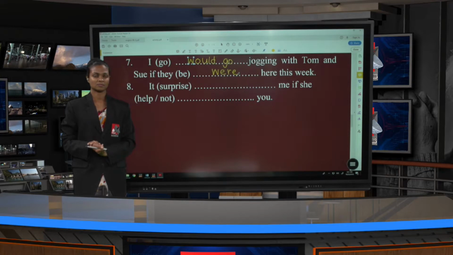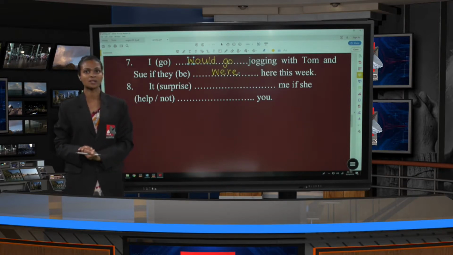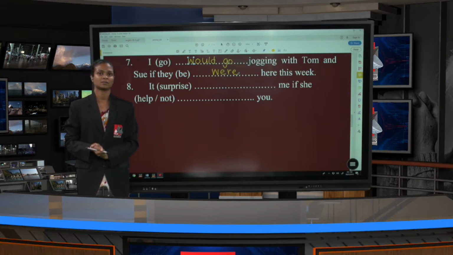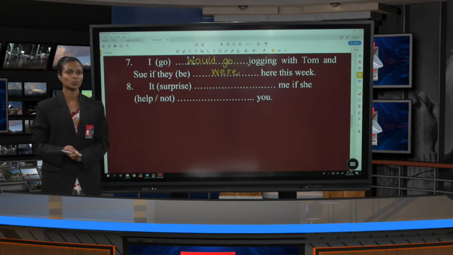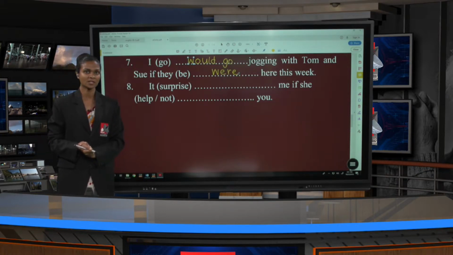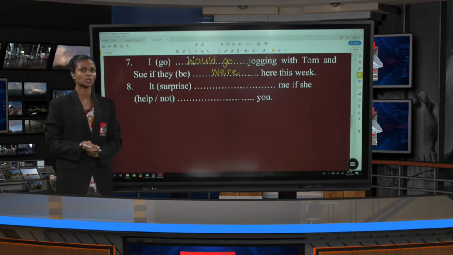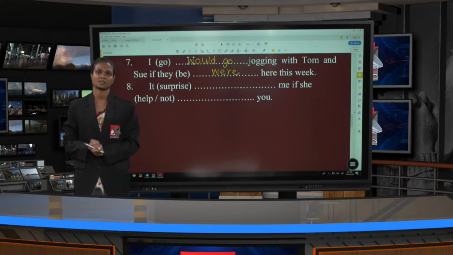Then eighth. It blank me if she blank you. Verbs are given, surprise and help. The second clause, the conditional clause, should give a negative sense.